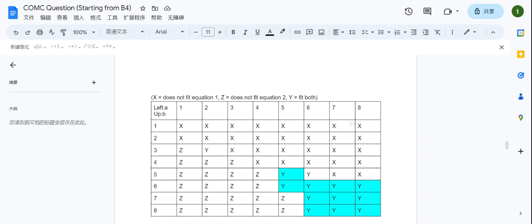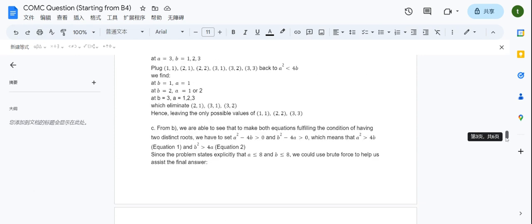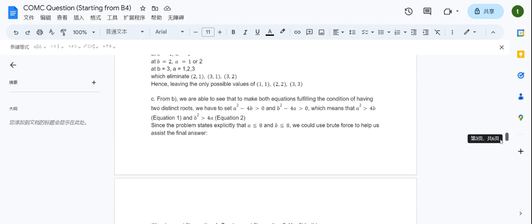Recall that equation 1 is a squared larger than 4b, while equation 2 is b squared larger than 4a.